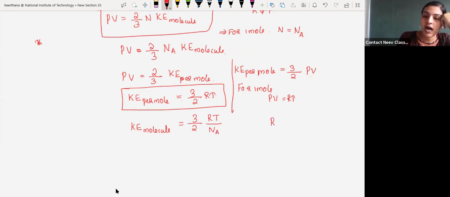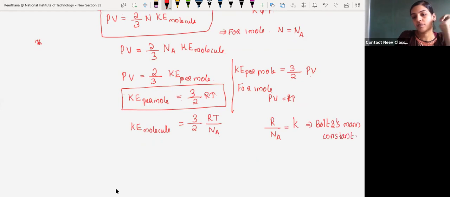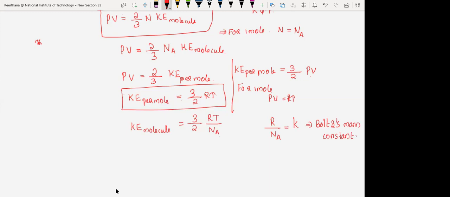And this R by Na is a new constant k, and it's known as Boltzmann constant. Now what's the spelling?